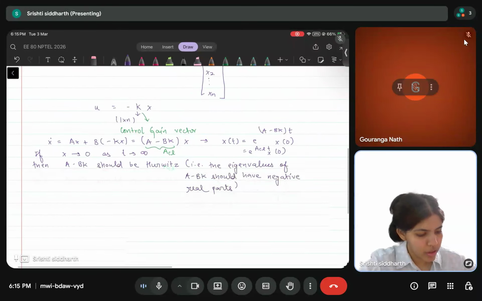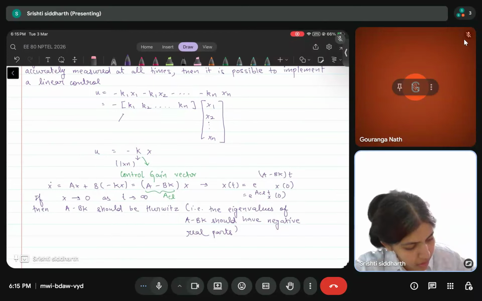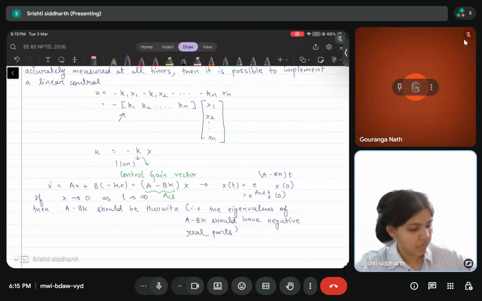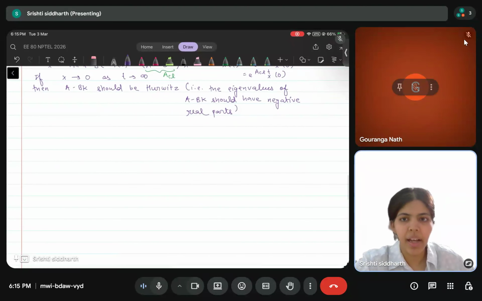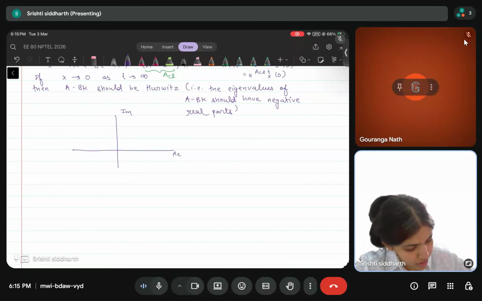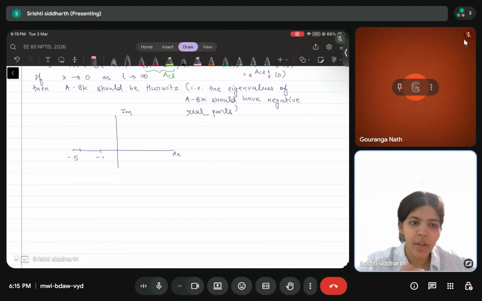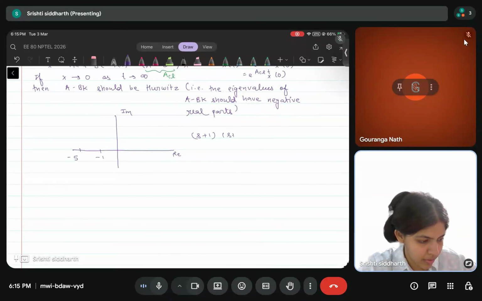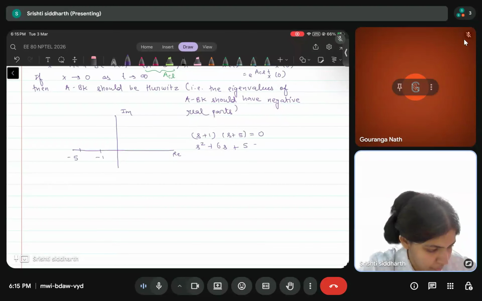Now the question is how to select the vector K. If we know that the desired eigenvalues have to be at certain locations in the s-plane, this is the s-plane with imaginary and real axis, and for example, we want them at minus 1, minus 5, then the characteristic equation of the closed loop system should look like this, s squared plus 6s plus 5.